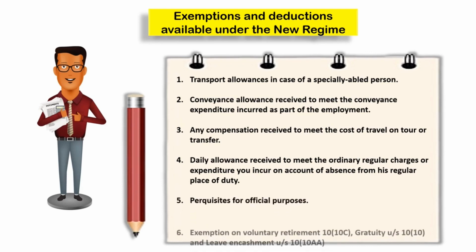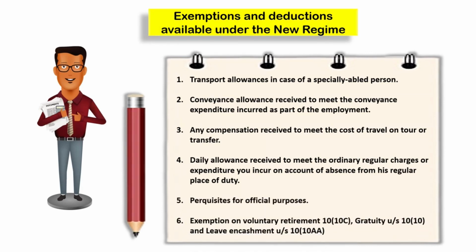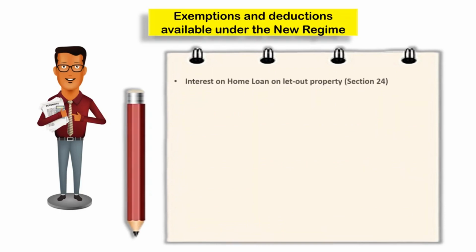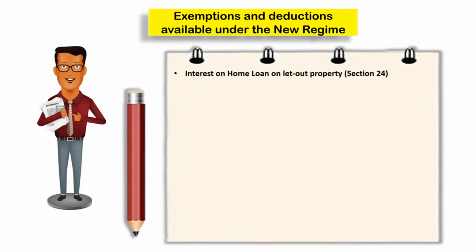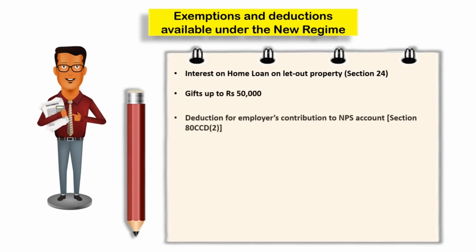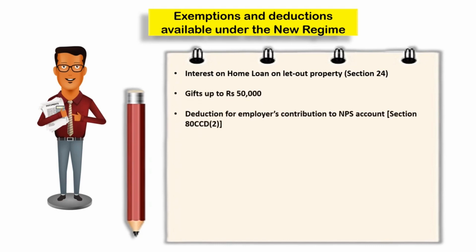exemption on voluntary retirement under Section 10(10C), gratuity under Section 10(10), and leave encashment under Section 10(10AA), interest on home loan on let out property under Section 24, gifts up to Rs 50,000, deduction for employers' contribution to NPS account under Section 80CCD(2), deduction on additional employee cost under Section 80JJA.